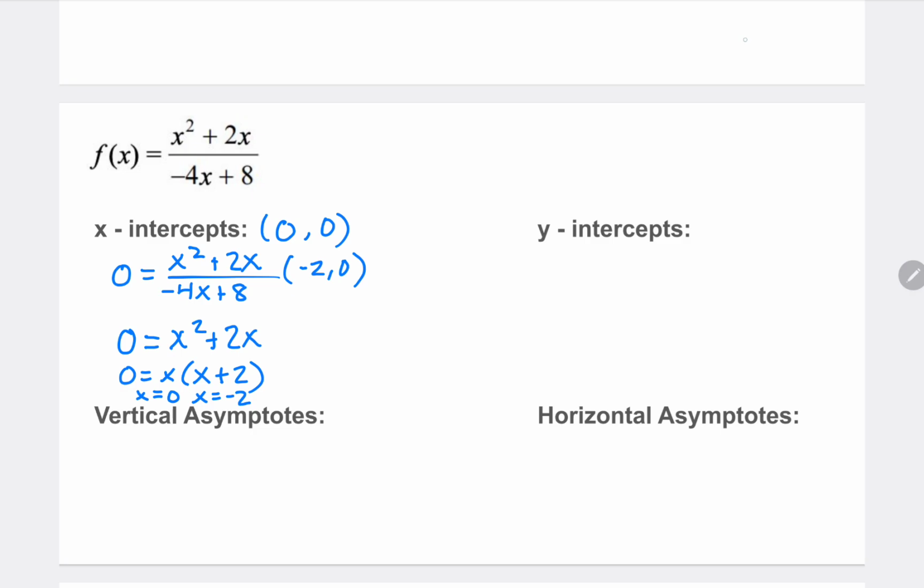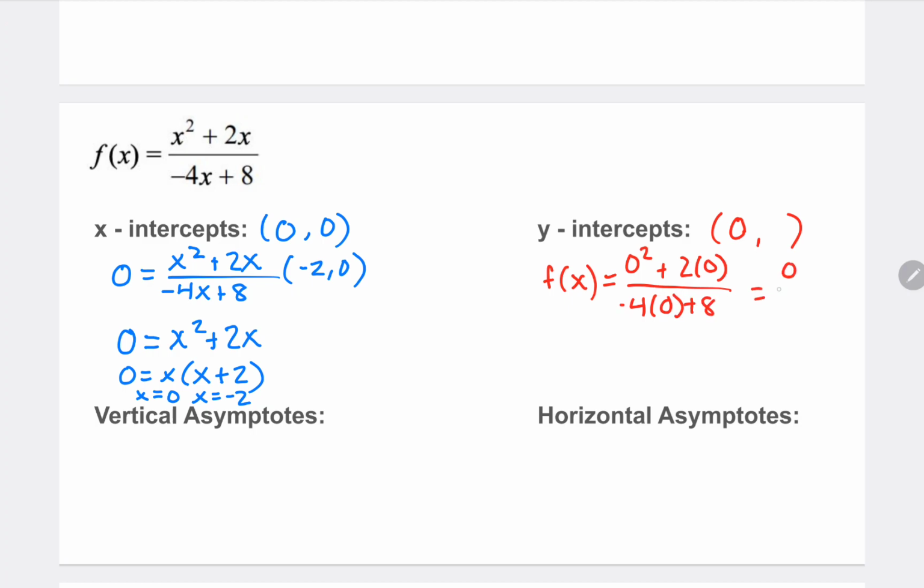Y-intercepts happen where x is 0. So to find the y-intercepts, we're going to plug in 0 for x. In this function, I have 0 squared plus 2 times 0 in the numerator, and in the denominator, I have negative 4 times 0 plus 8.